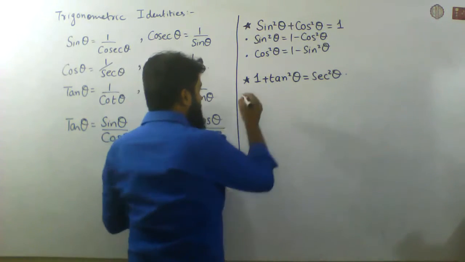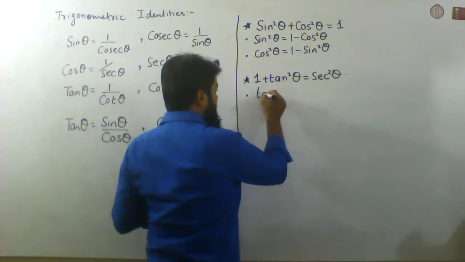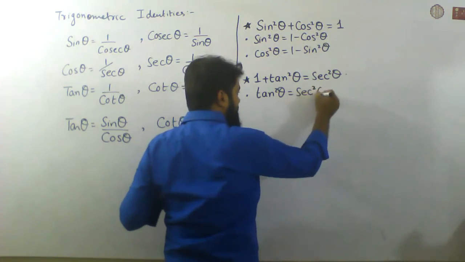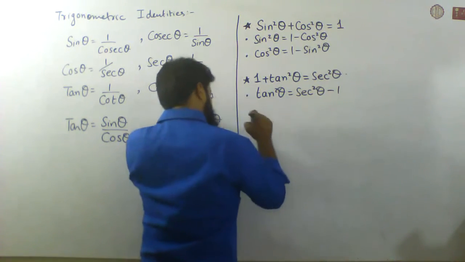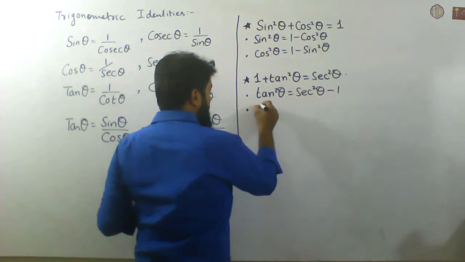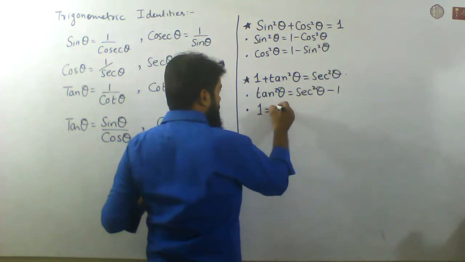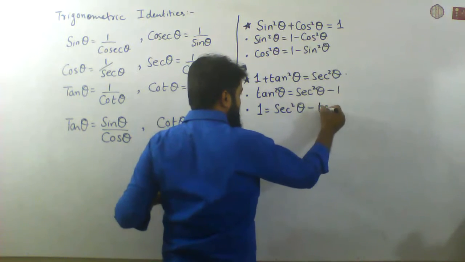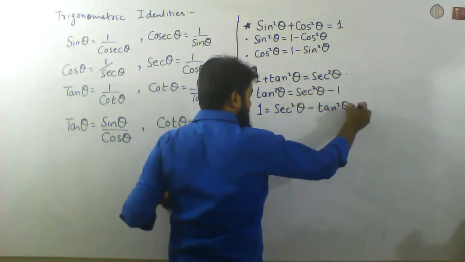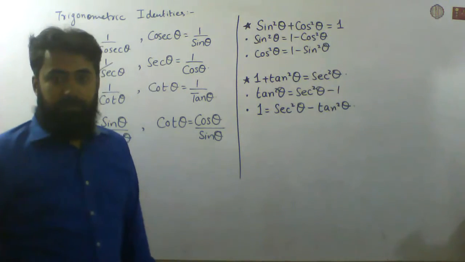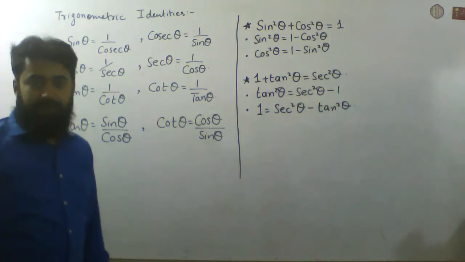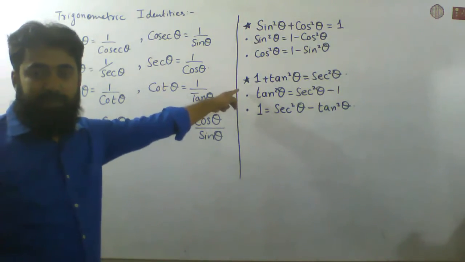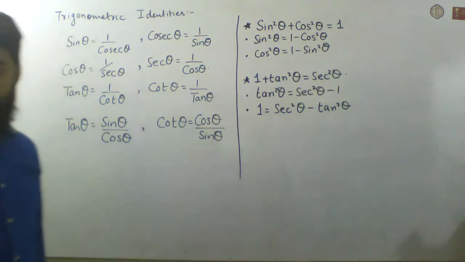You can also write it as tan square theta equals sec square theta minus 1, or 1 equals sec square theta minus tan square theta. These two are its variations.